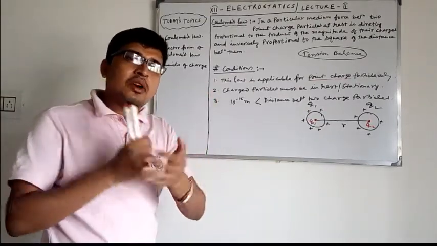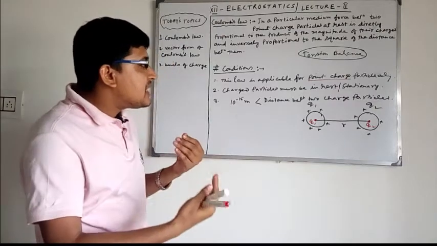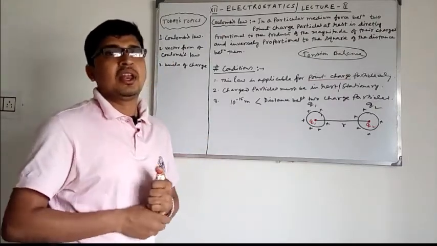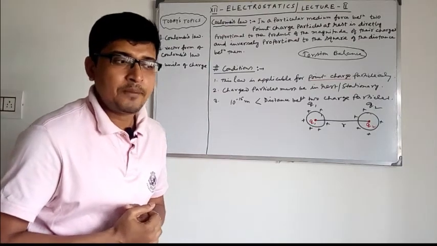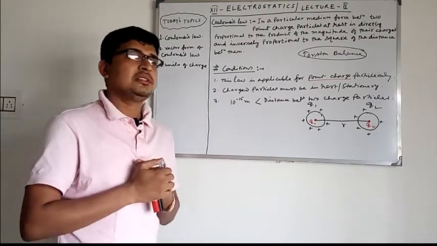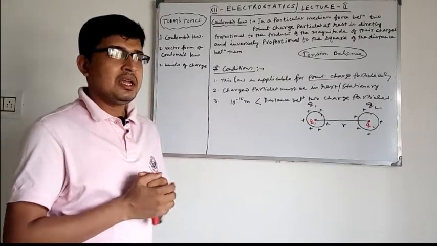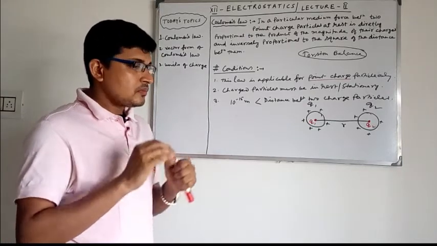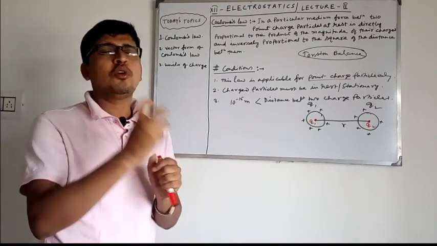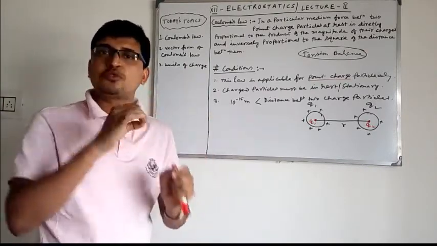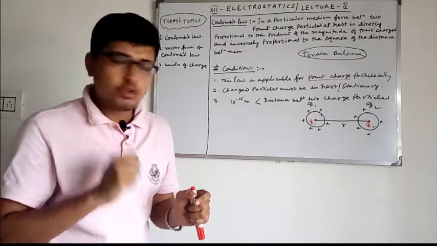This law is not applicable if the distance between the two charged particles is less than 10 to the power minus 15 meter. And one question I just remember: the nucleus has a very small size with respect to the whole atom. You know that.